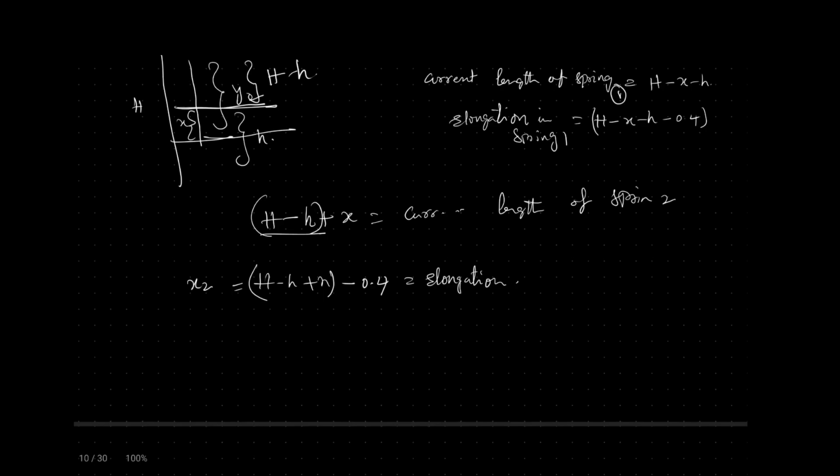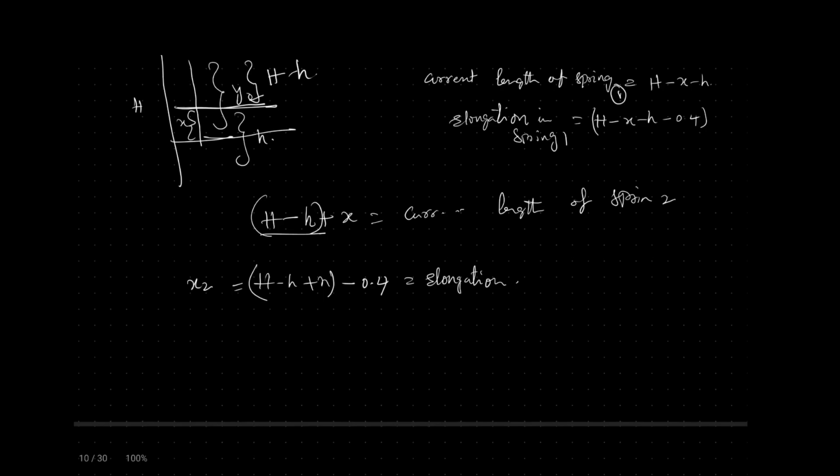This is 25 into (0.6 minus x) equals 15 into (0.6 plus x), and we all know how to solve this one. 5 3s are 15, 5 5s are 25, 5 6s are 30... 3.0 minus 5x equals 3x plus 3 6s are 1.8. So we can move terms to each side: 1.2 equals 8x, and 4 3s are 12, 4 2s are 8. If we cancel this, x equals 0.15 meters, which means 15 centimeters.